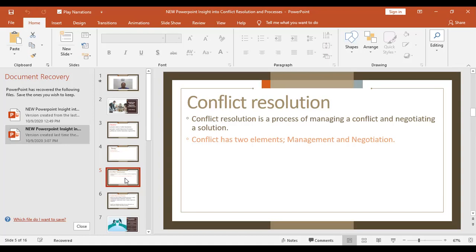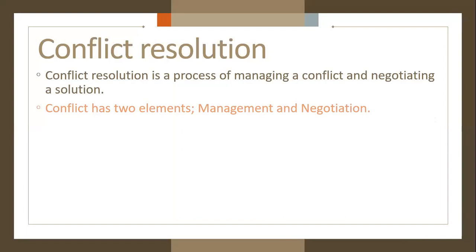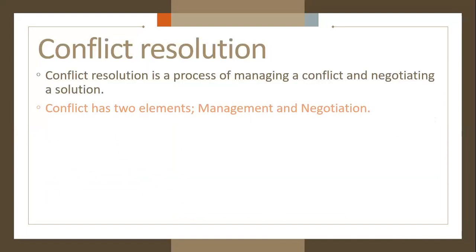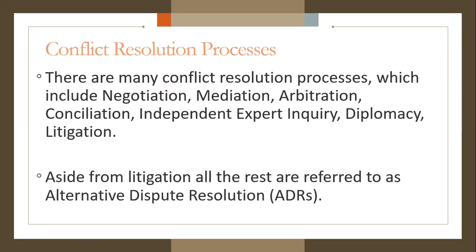Then the next element is negotiation. And negotiation is actually where parties in conflict try to settle their differences and negotiate an agreement, an outcome that will be favorable to all of the parties in conflict.